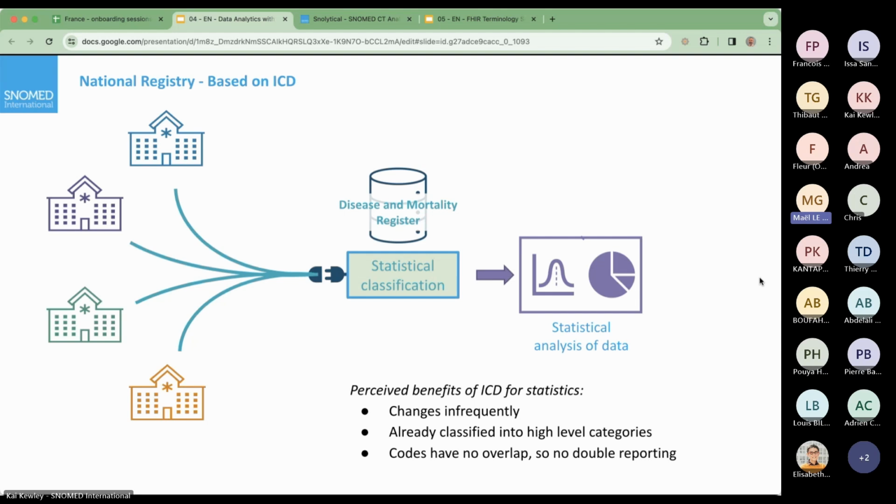There are some benefits to this because ICD codes change infrequently. They're already higher level categories, which are easy to report on. The codes in a classification like this don't have any overlap, so it's easy to avoid double reporting in different categories. So that's one approach.